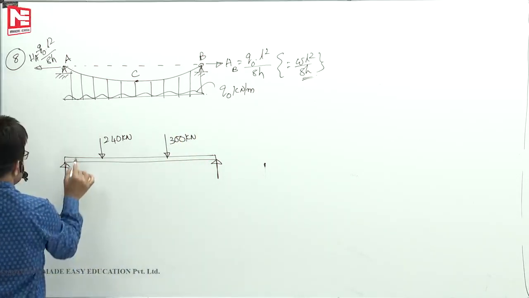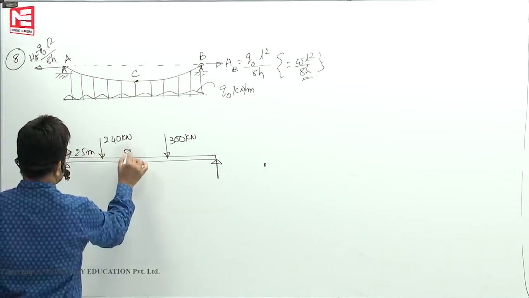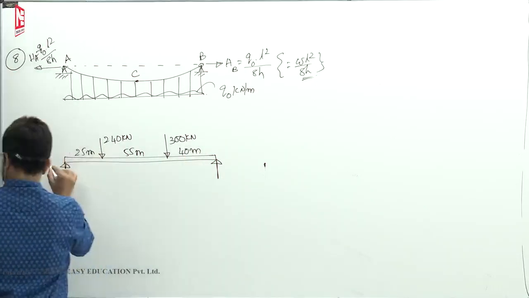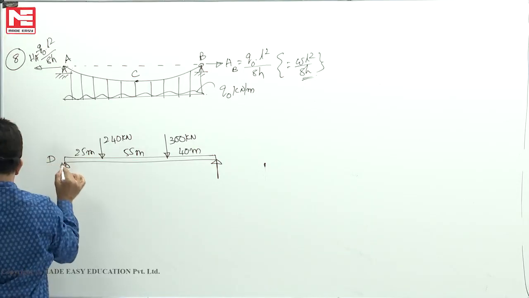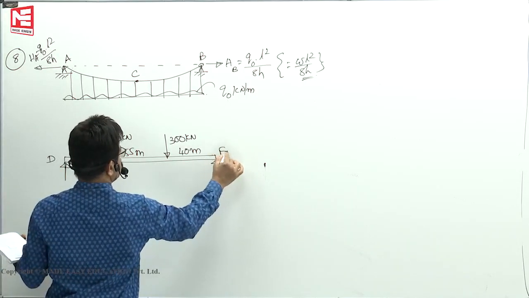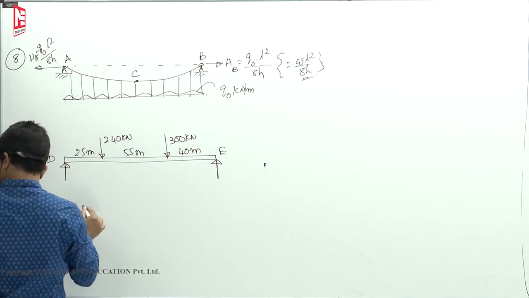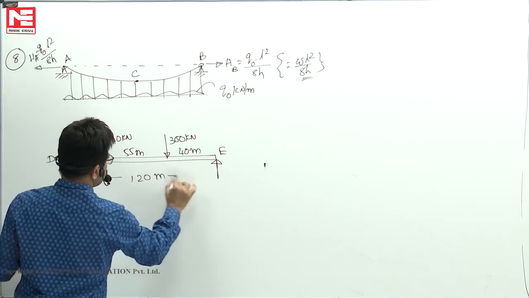This distance is 25 meters, 55 meters and 40 meters. This point, let us say, is C; ABC we have already taken. This you take D, E. Total span is 120 meters.